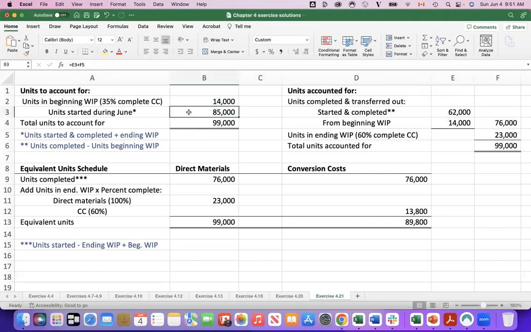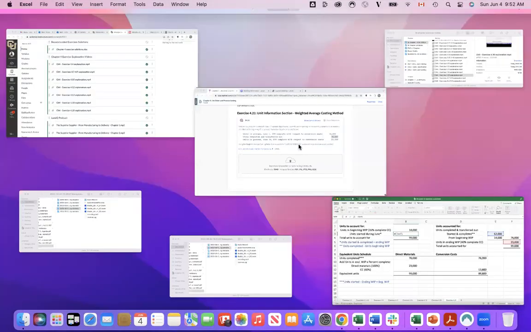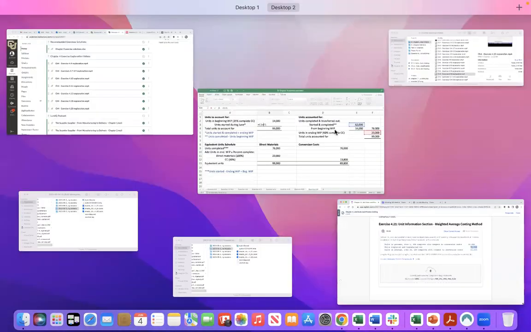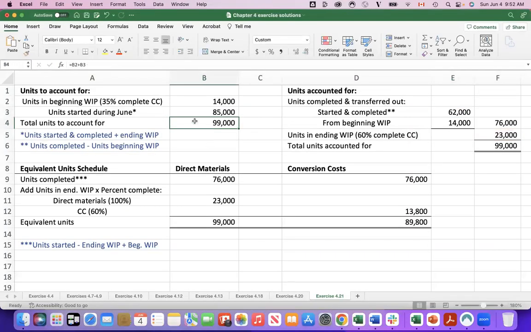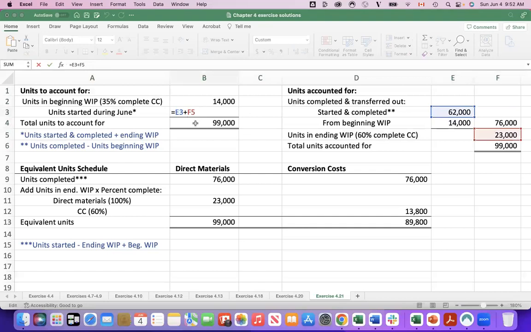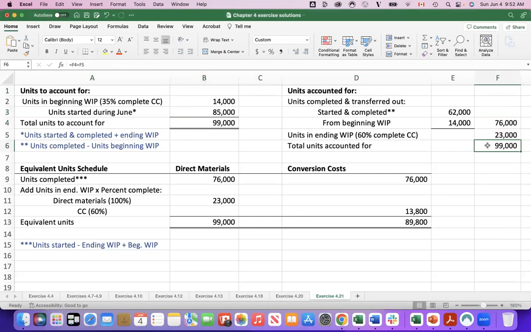So to figure out how many units we started in June, we take the units started and completed of 62,000 and add to it ending work in process, which was 23,000 units. We have 85,000 units that were started in June. So the total amount of units we have to account for is 99,000. And that's going to match, again, our total units accounted for.